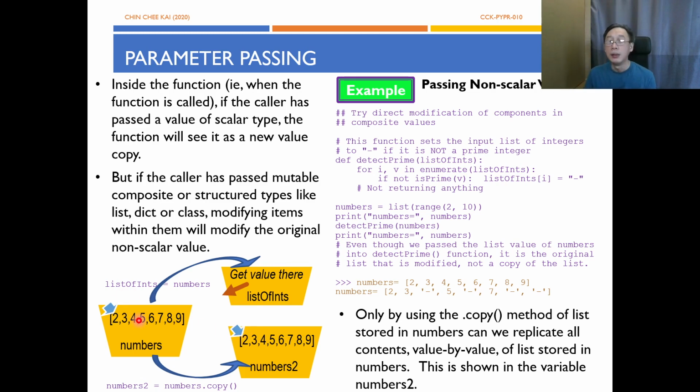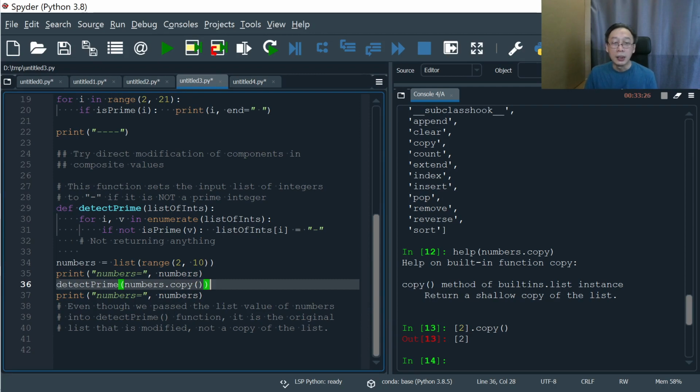So now detect prime is going to receive not a list, but a pointer to a list. It's going to point at the copy somewhere that is otherwise unpointable. That means no one else can look at that thing.